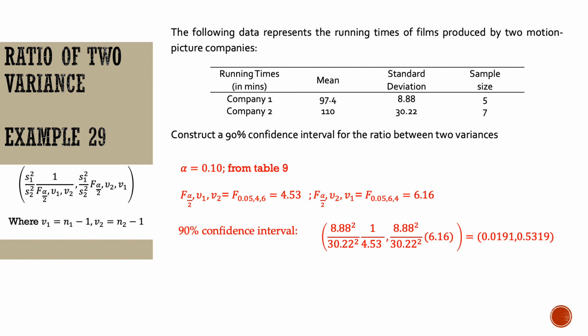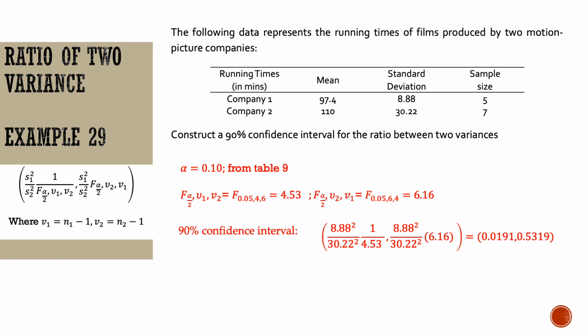Lastly, how to interpret this interval? If you still remember, for the confidence interval of the difference between two population means, we focus on whether the zero value is included in the interval. But for ratio of the two variances, what you should look at is value 1, whether the confidence interval contains value 1 or not.